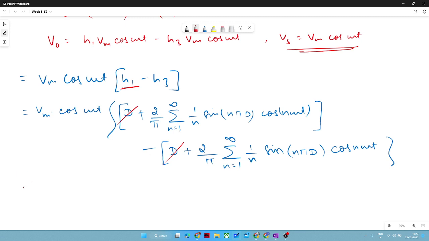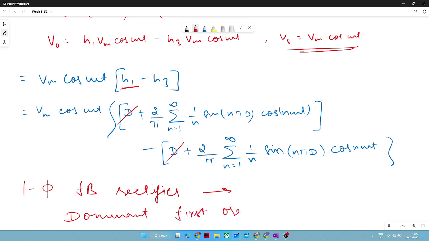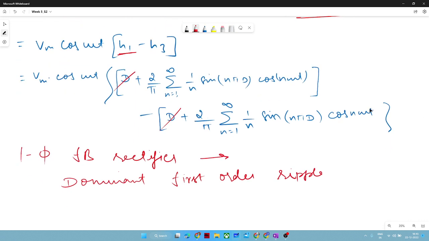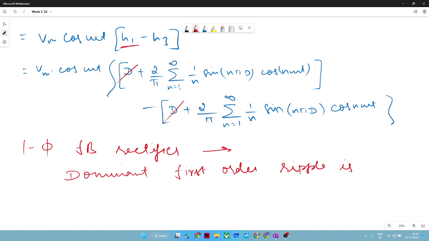So that is another advantage of the single phase full bridge rectifier: your dominant first order ripple is getting eliminated. Could you appreciate this point? This is the major advantage.